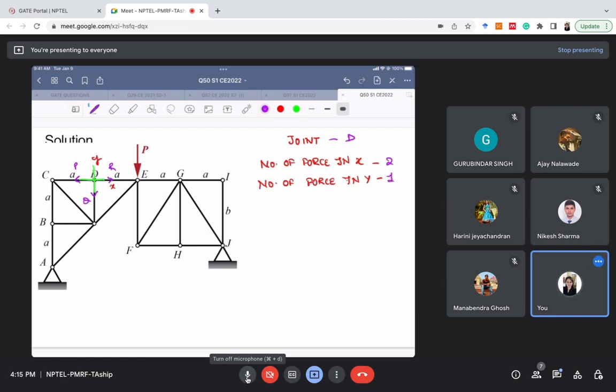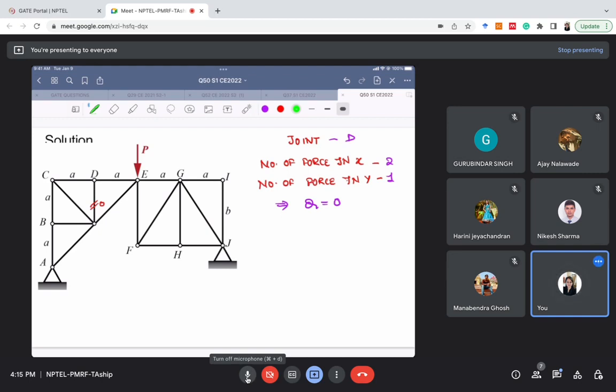This implies that Q is 0, and that particular member is a zero force member. I'll mark it, and then I can remove everything. Now I've got one member as a zero force member, and I can also remove this member from our analysis.